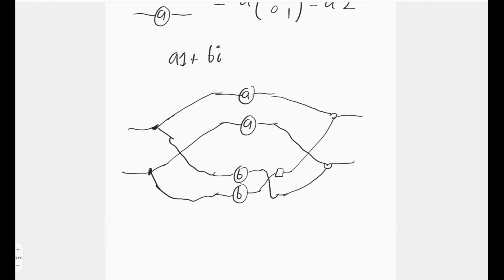So let's see how this works. We feed in X and Y, and then we get X here, Y here.